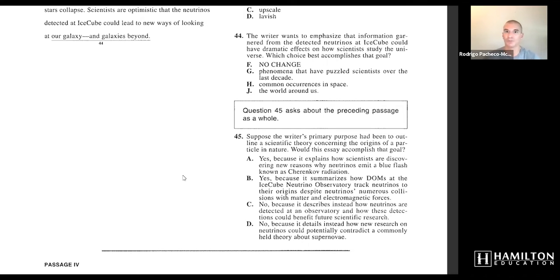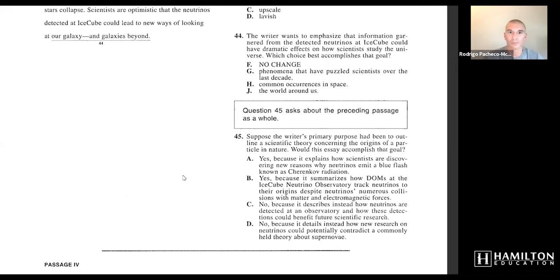So a passage could be telling us a story, in which case it would be a narrative. A passage could be advancing some kind of claim, in which case it would be an argumentative passage, or a passage could simply provide information rather objectively, in which case we would classify this as an informative passage.